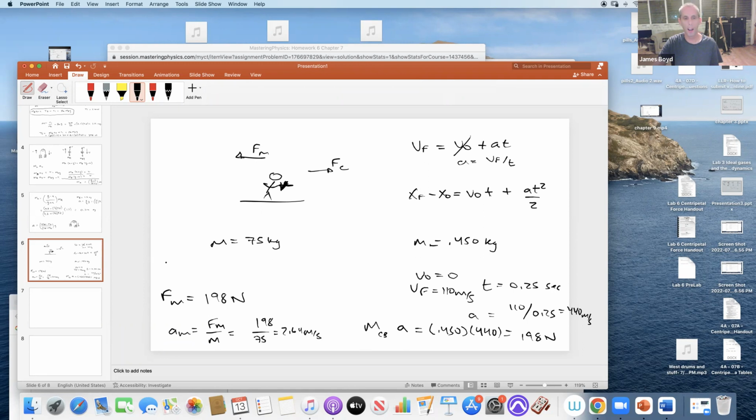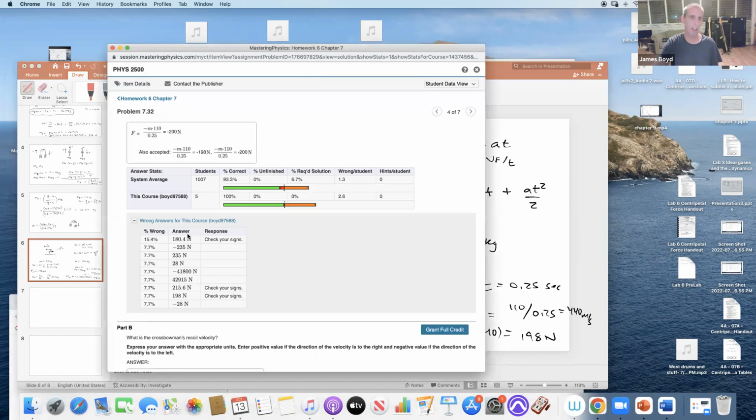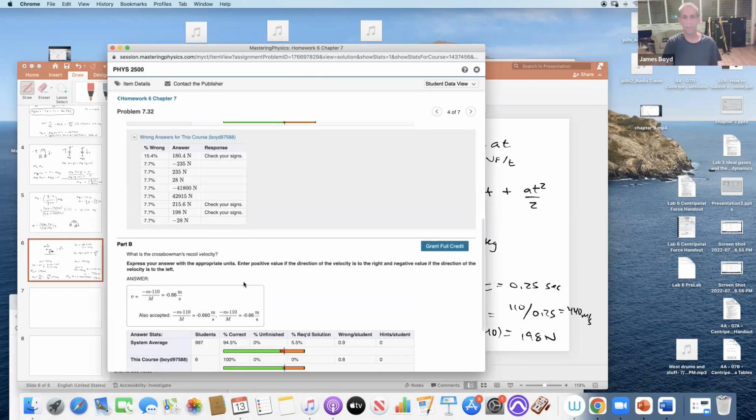The recoil velocity we find the same way. So V final, and remember that A is technically in the negative direction because it's the force acting on him. V final is AT, which is 2.64 times 0.25, and that is 0.66 meters per second. So we basically just undid everything we just did. But it's negative because he's going backwards. So don't put the negative sign. Hopefully that makes sense to you.